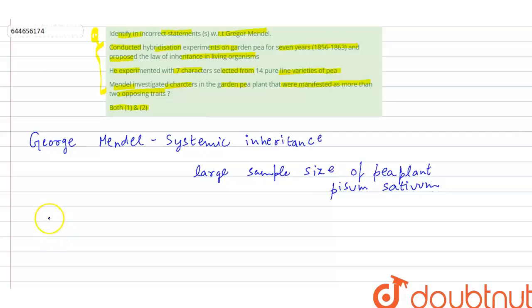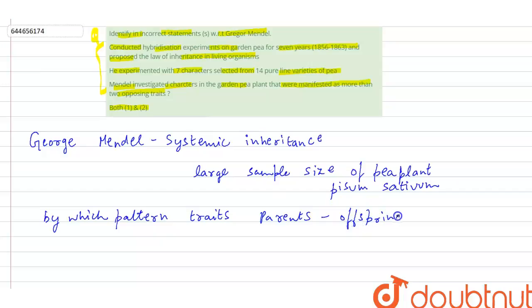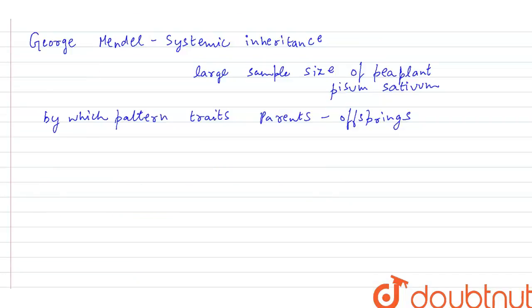So what did he conclude? By which pattern the traits are transferred from parents to their offspring. So he also gave laws of inheritance. The first law of inheritance was the law of dominance.